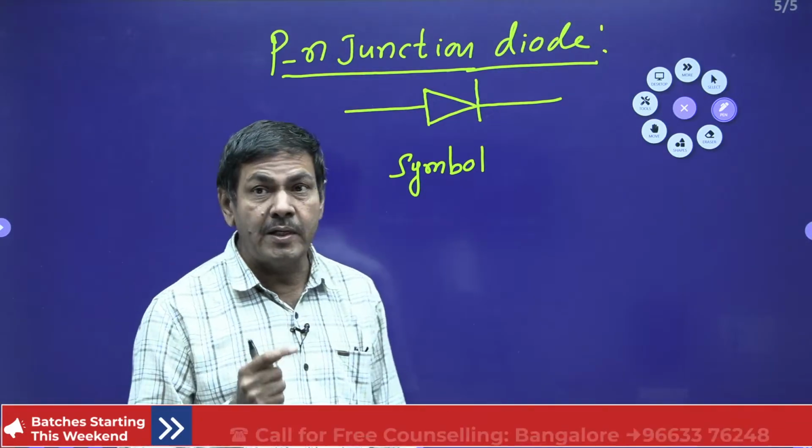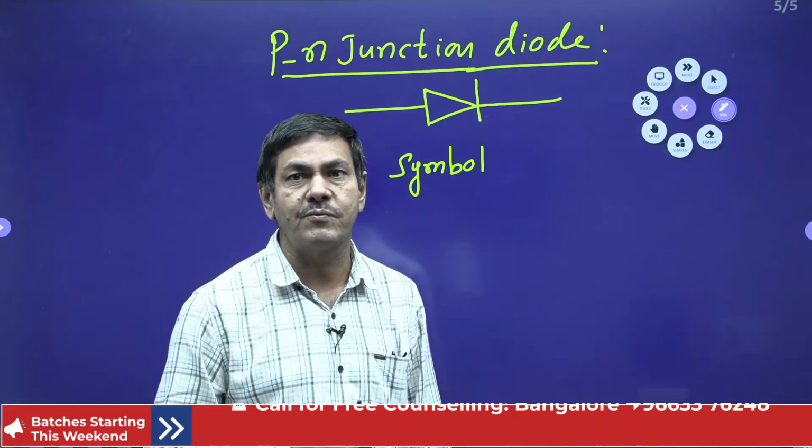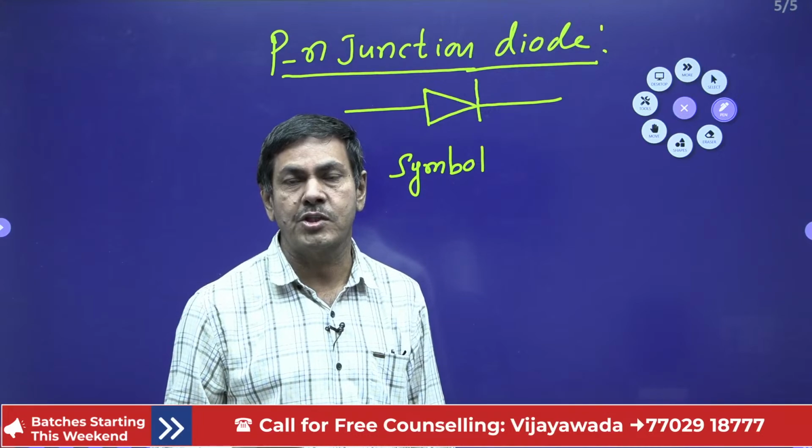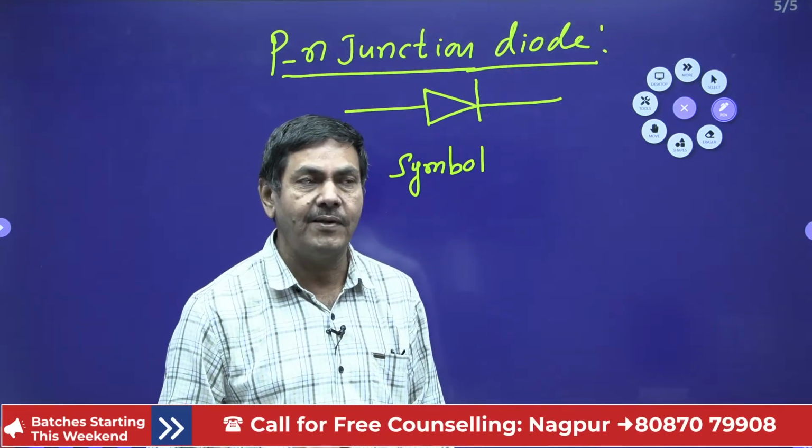This crystal diode is used in the place of the vacuum diode. Initially, vacuum diodes were used. In the vacuum diodes you have two electrodes within a vacuum tube, and the functioning is done.